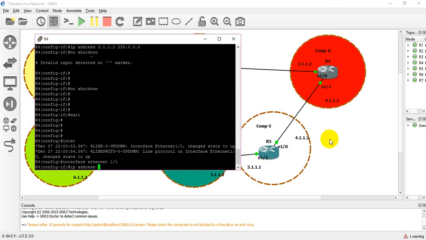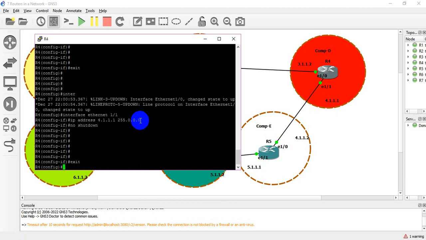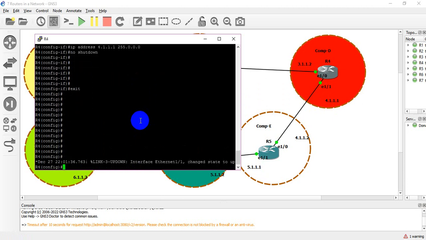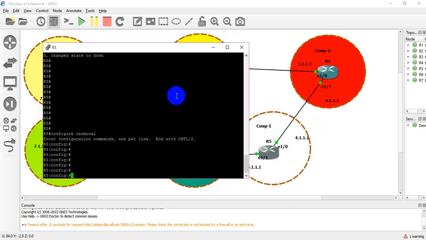What is the IP address of this 1/1 port? 4.1.1.1. As you can check, the result shows the state changed to up. Now let's configure this other router as well.